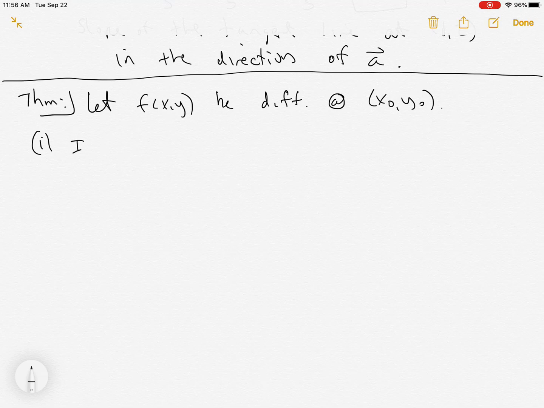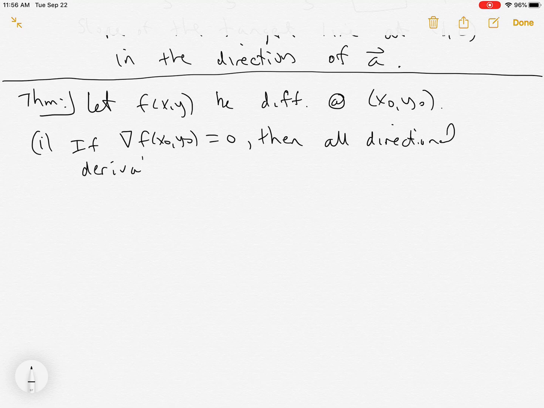If the gradient of f at (x naught, y naught) equals 0, then all directional derivatives at (x naught, y naught) are 0, because you're always going to be multiplying by a 0 vector.